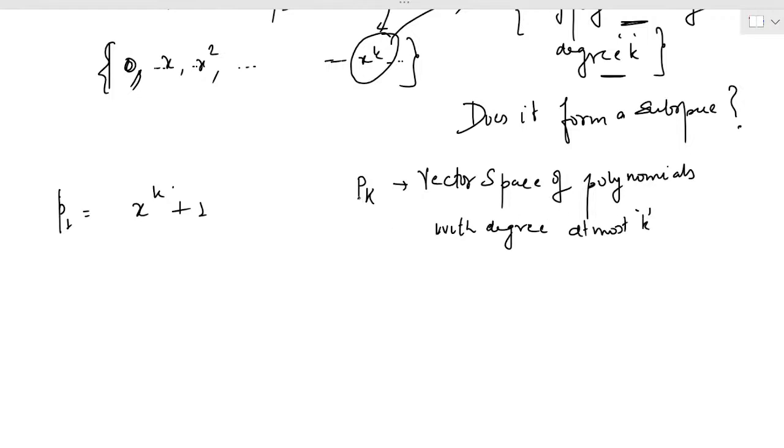So in this particular vector space, the identity element will be the zero polynomial. The zero polynomial will be contained in Pk. What is a zero polynomial? It is simply a zero function, or you can say a polynomial of degree zero, and in general, it is just a zero.